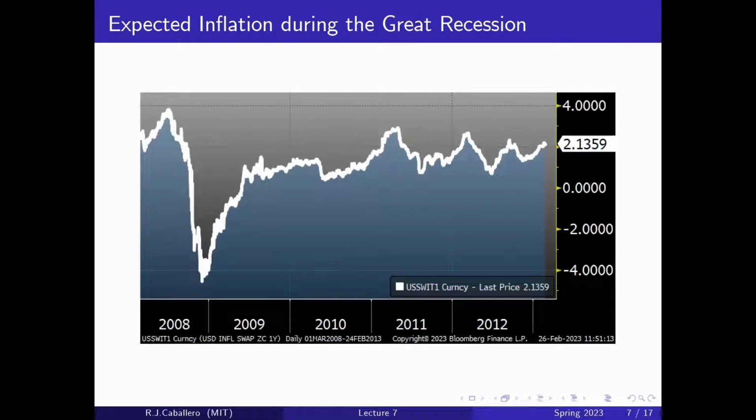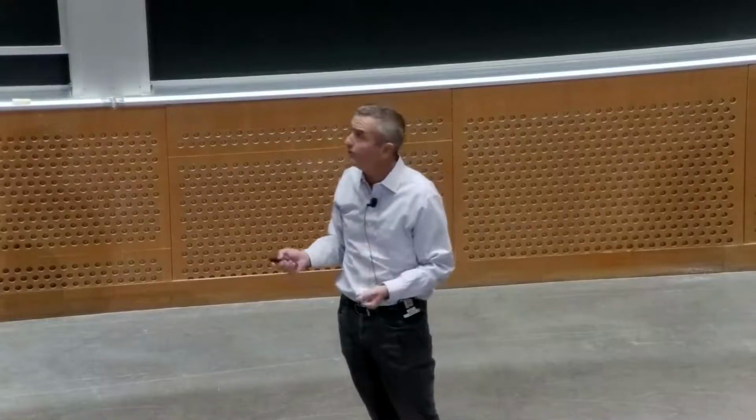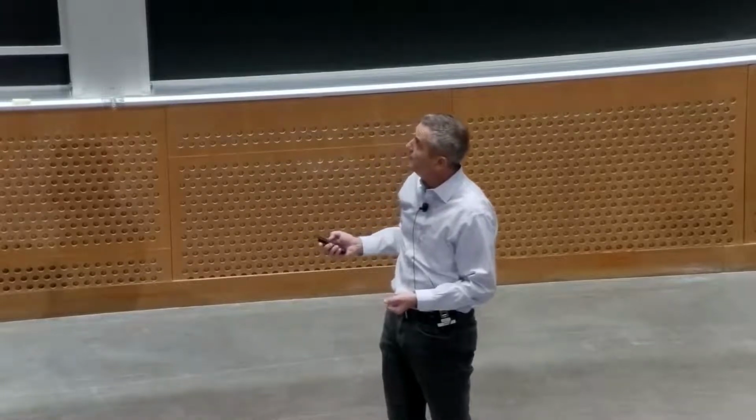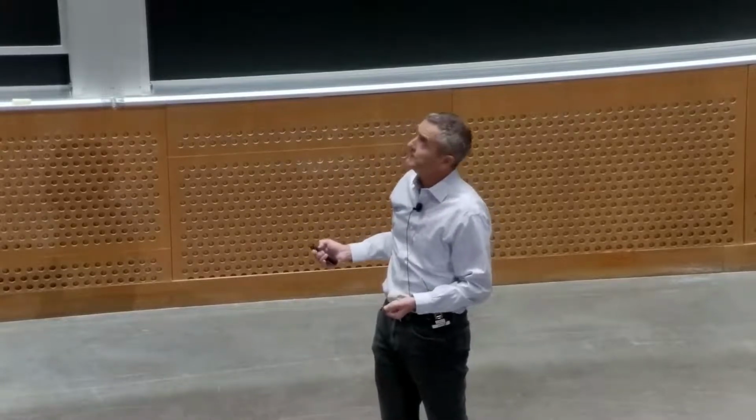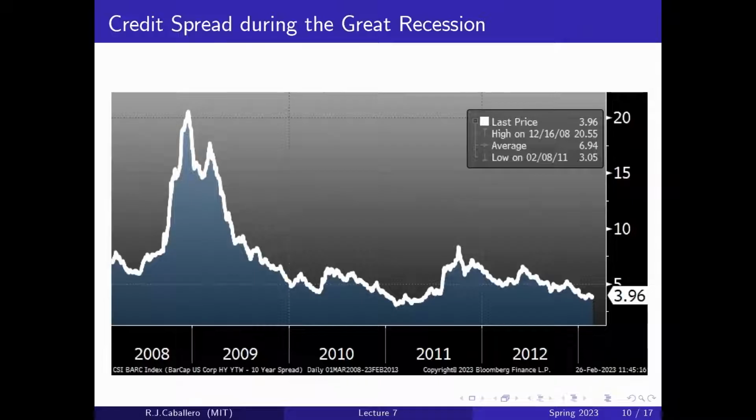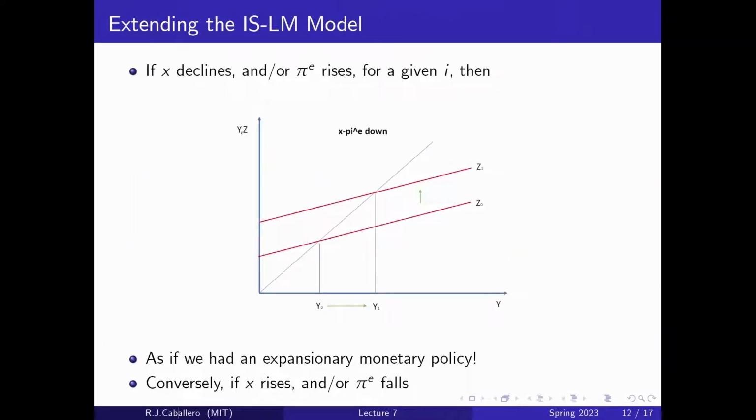Remember, expected inflation came down a lot, when negative, no? From around 2% to -4. That's a big shock for the real cost of borrowing for firms. And X went up like crazy. That's the reason in the global financial crisis we got exactly the opposite of this. We got a massive shift down in the ZZ curve for the reasons we just described.